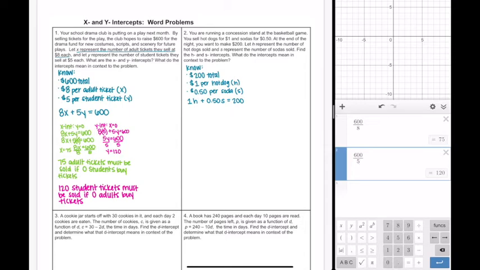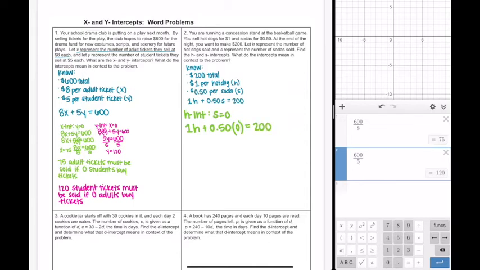That would be our x and y intercept, or H and S intercept. So the H intercept is going to happen when S equals 0. So 1H plus 0.5 S, and S is 0, equals 200.